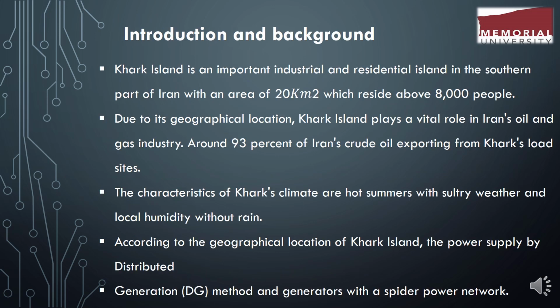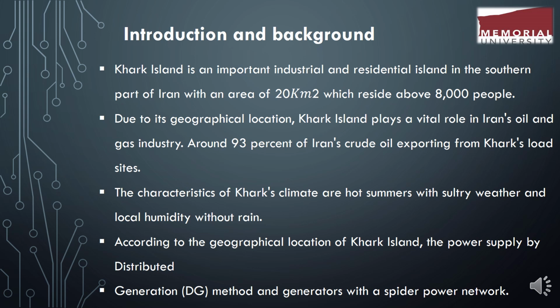Looking from an overall view, Hark or Harg Island is a residential island in the Persian Gulf Sea in the south part of Iran. Harg, with a population of above 8,000 people, has an area of 20 square kilometers. As well, Harg City is the only area situated on Harg Island.